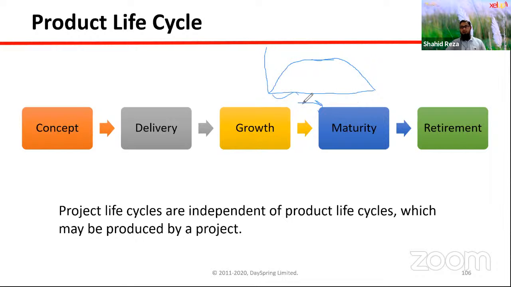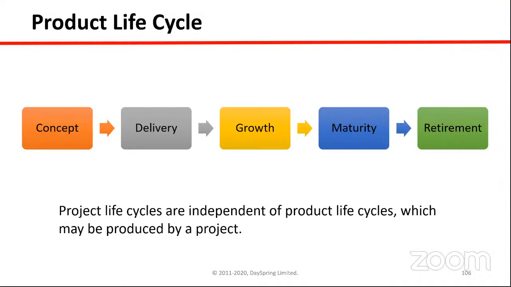It is no longer available because the demand falls down. So this is the general product life cycle. First concept, then delivery for the market or for the customer, then it grows in the market, then matures, then retirement. Okay, so this is not very important, but you have to understand it to compare the project life cycle with the product life cycle.